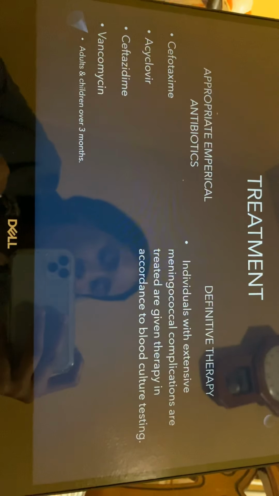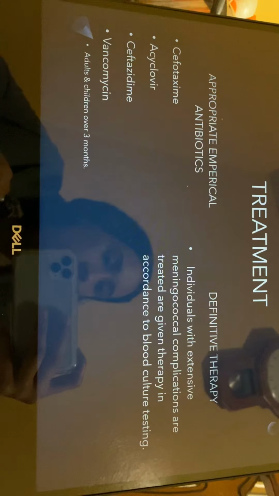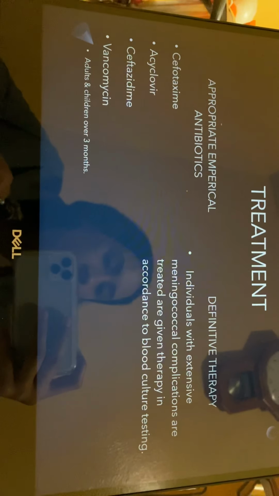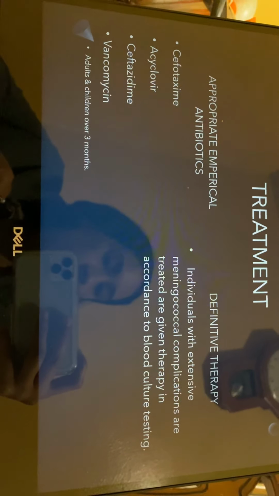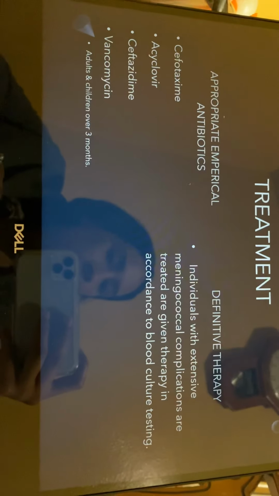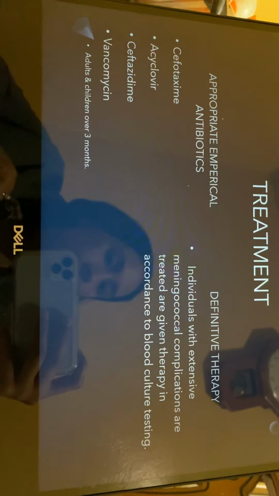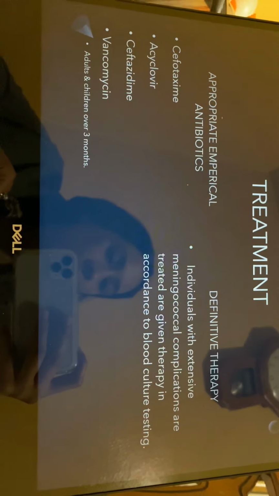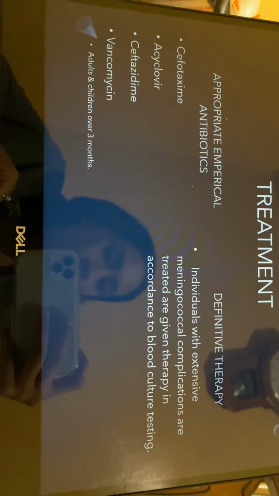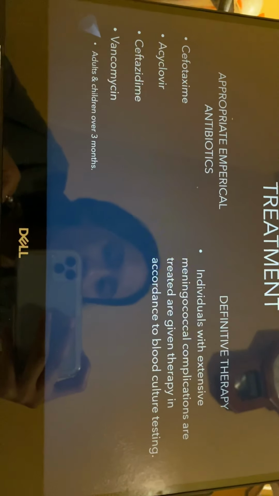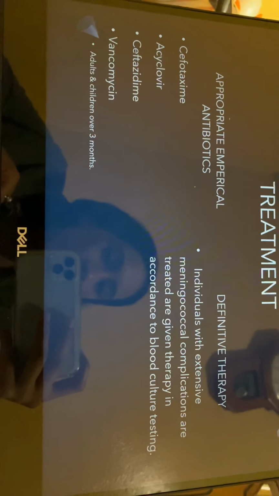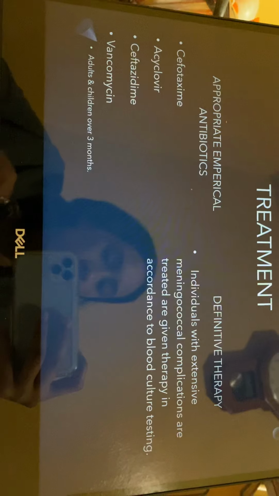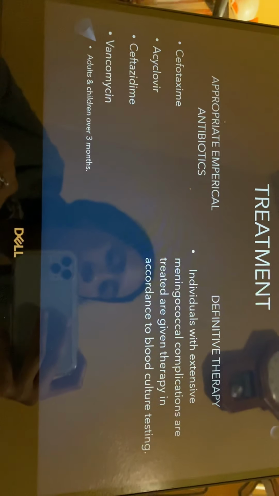So treatment varies depending on how chronic the infected person is. Typically, empirical antibiotics are prescribed. Here are a few listed. The antibiotics are safe for adults and children over 3 months.